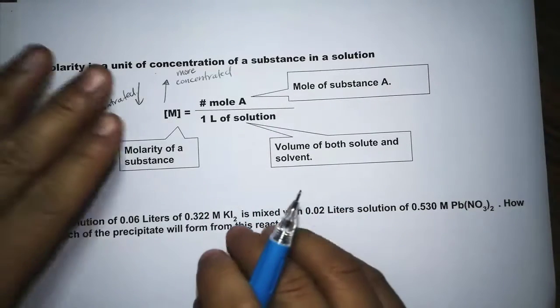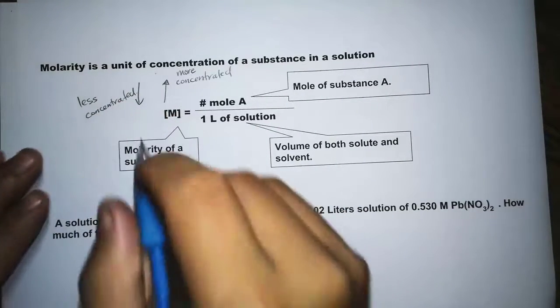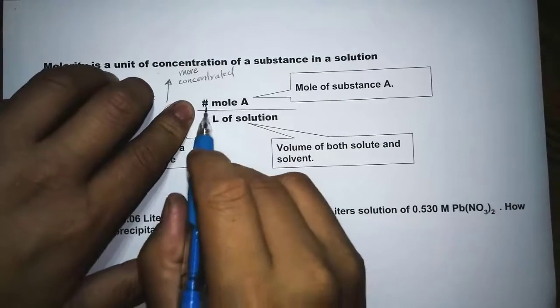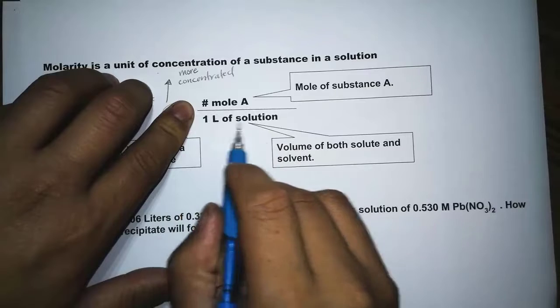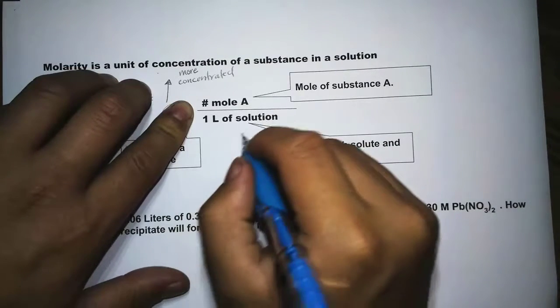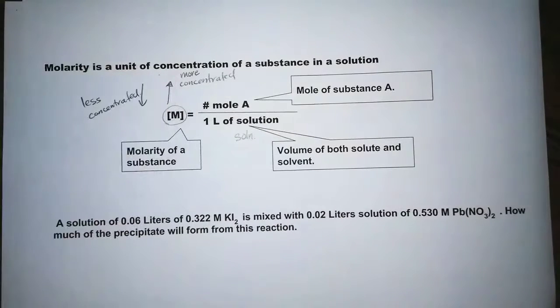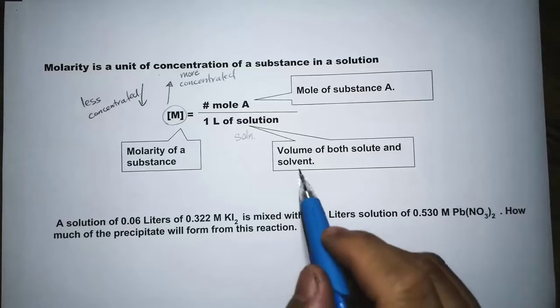In this lesson, we are going to look at molarity not just as M, but more specifically as the number of moles of A over 1 liter of solution. Sometimes we abbreviate solution as SOLN. Let's look at how we can solve this. We also need to define solution.